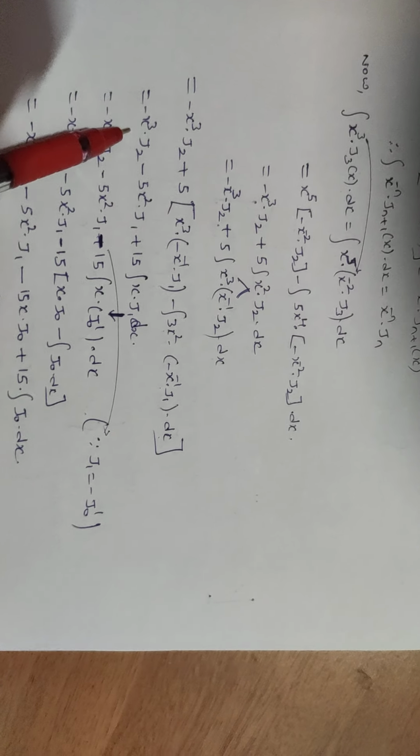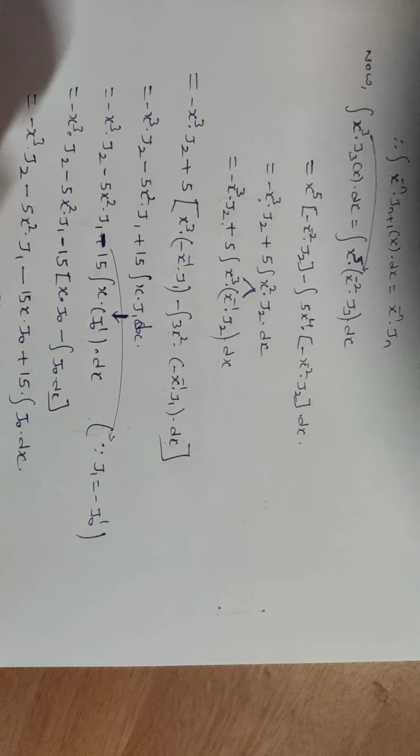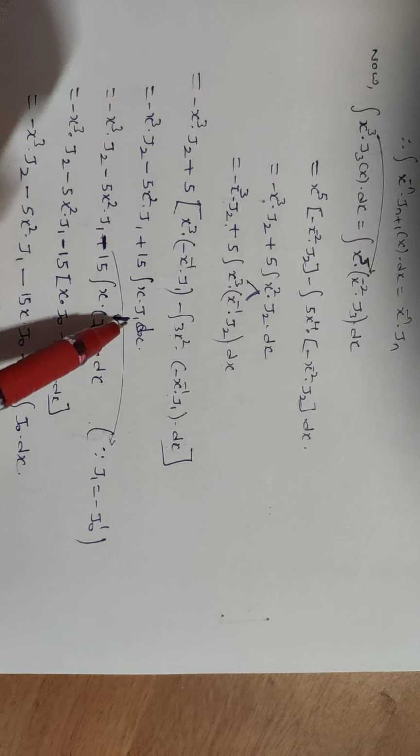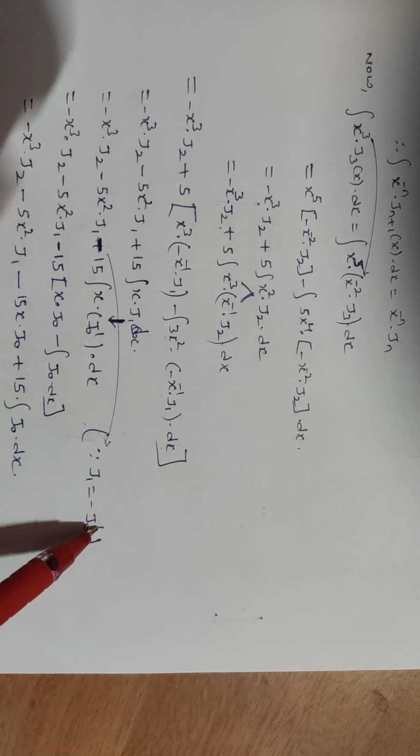We observe minus x cube j2 minus 5x square j1 plus 15 into the integral of x into j1 of x dx. We know that j1 can be considered as minus j0 dash of x.